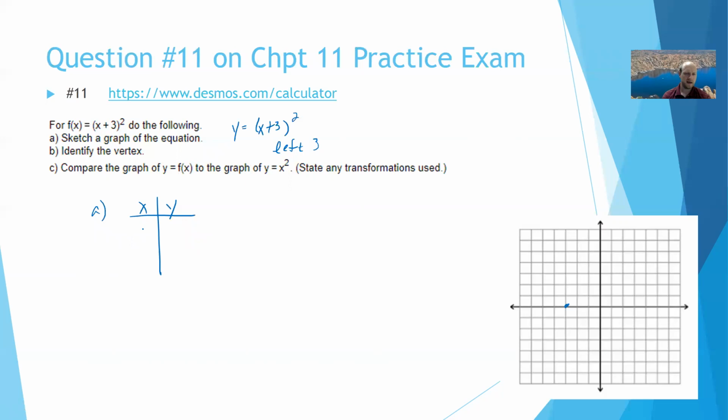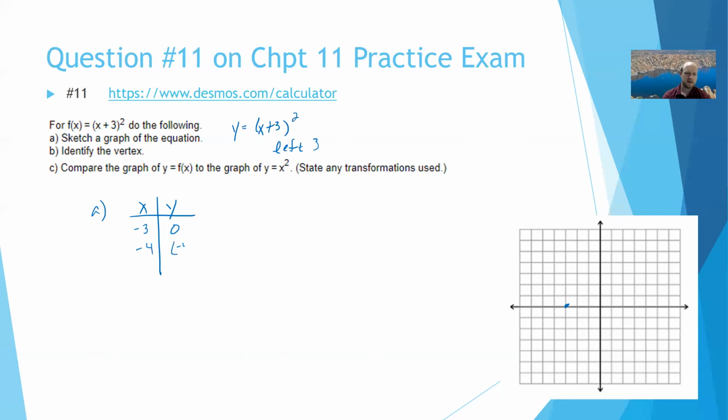So one of my points again is (-3, 0), right? You would just plug in -3 to the original function and look, -3 plus 3 is 0. 0 squared is 0. Well, let's pick 2 other points. So maybe like -4.